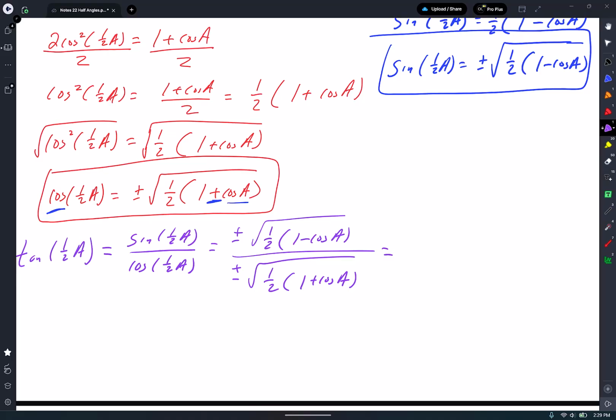Are we still okay? Laws of exponents. The numerator has the square root. The denominator has the square root. I can make one giant square root. 1/2, 1 minus cosine a over 1/2, 1 plus cosine a.